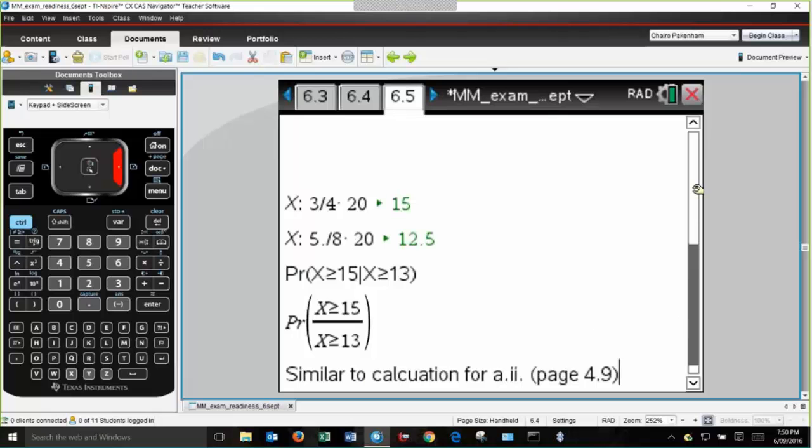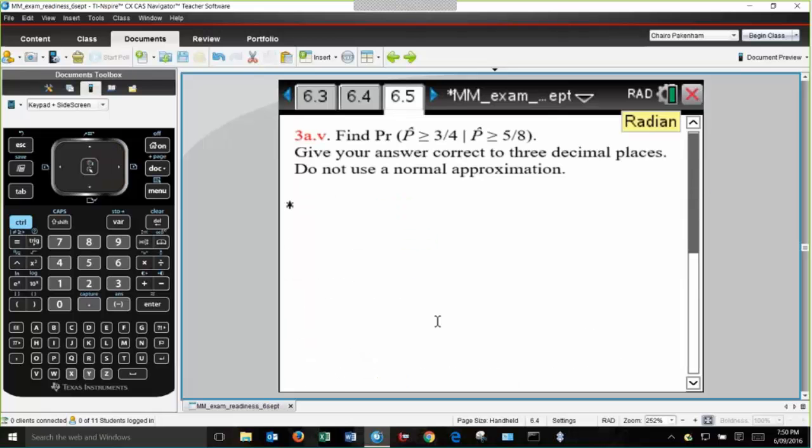Right, so the next one: find the probability that p hat is greater than 3/4, given that p hat is greater than 5/8, and give your answer correct to 3 decimal places, don't use a normal approximation. So once again, we want probabilities involving p hat, and I don't know a lot about the distribution of p hat, but I know a lot about the distribution of x.